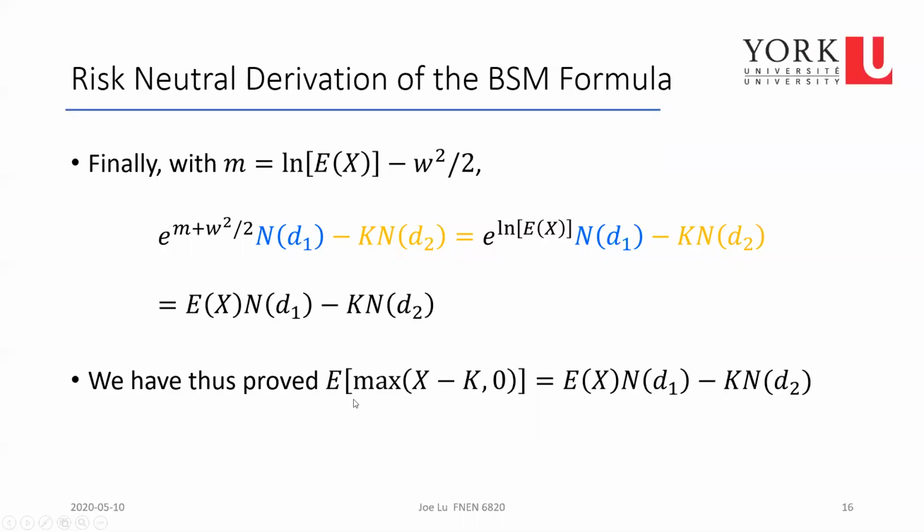And I want to remind you that this condition is only true when X is log normally distributed. Okay, so it's not true if X follows a different process. But if X is following a log normal process, then we have this very nice and simple form here that we can utilize.